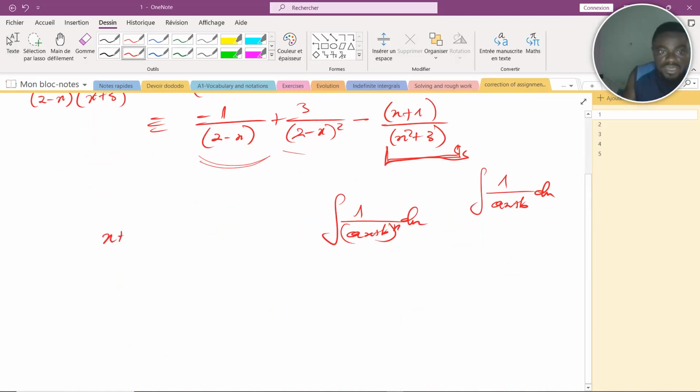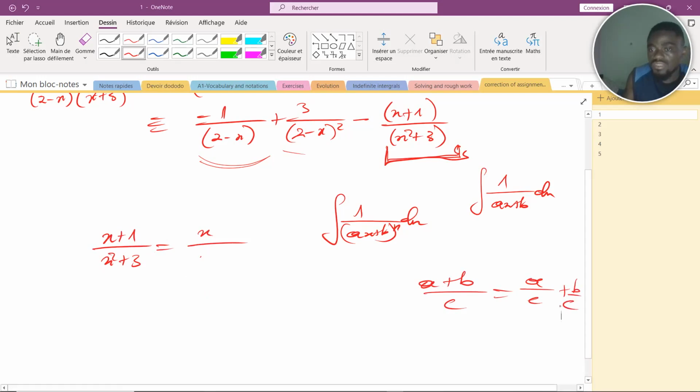You write this x plus 1 all over x squared plus 3 as x all over x squared plus 3 plus 1 all over x squared plus 3, because a plus b all over c is the same as a all over c plus b all over c. Is that okay?